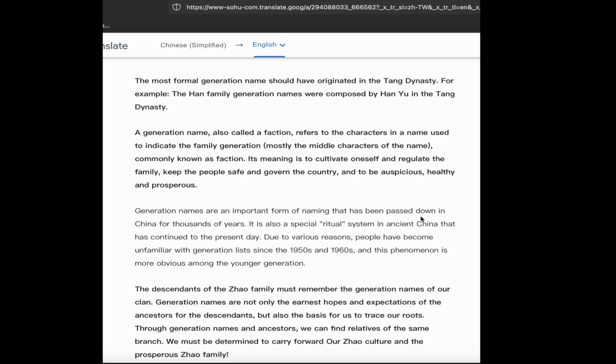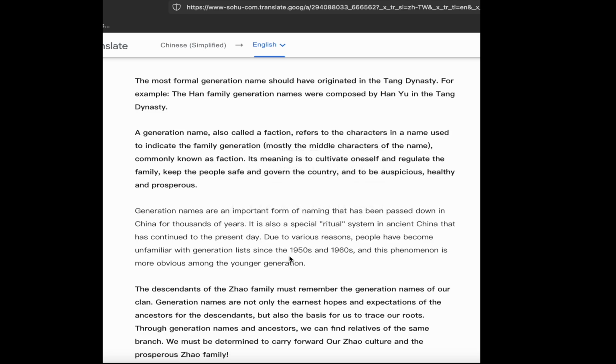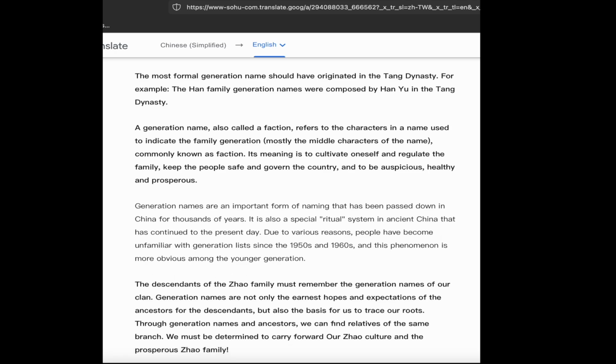Generation names are an important form of naming that have been passed down in China for thousands of years. It's also a special ritual system ancient China has continued to the present day. Due to various reasons, people have become unfamiliar with the generation list, the jupu, since the 1950s and 1960s, and this phenomenon is more obvious among the younger generation.